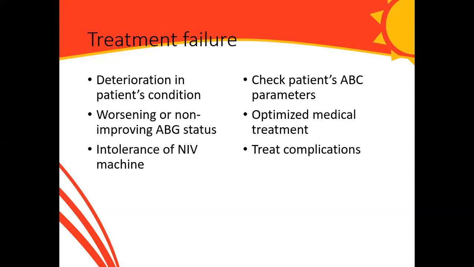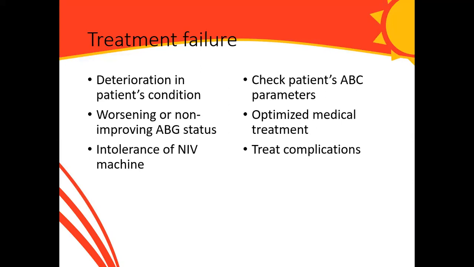How do you know that you are not winning? How do you know that your NIV is failing? If there is deterioration of the patient's condition, either clinically or by laboratory testing, your ABG is not improving or is actually worsening, or the patient is not tolerant of the NIV. What you need to do is check the patient's ABC parameters and optimize medical treatment.